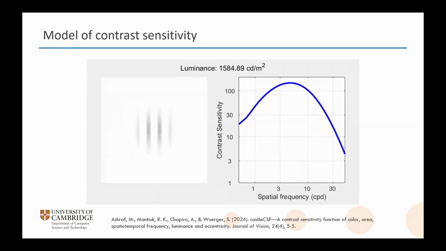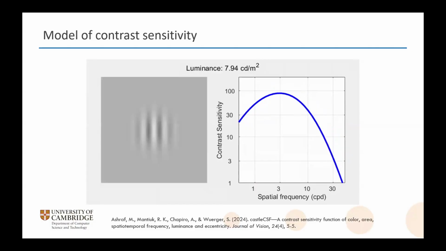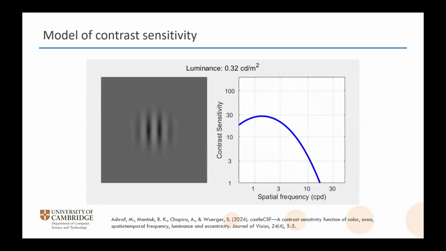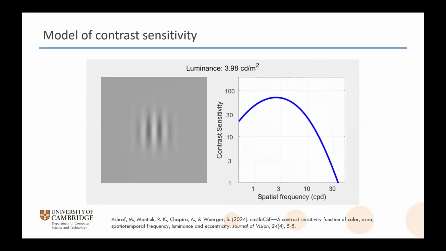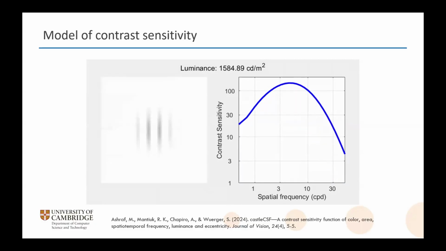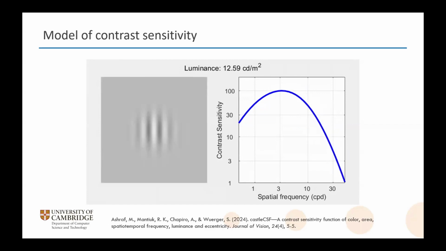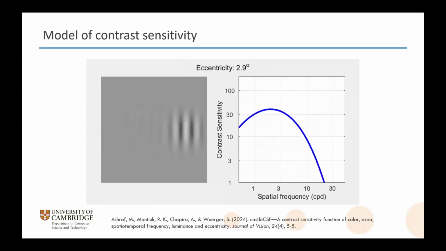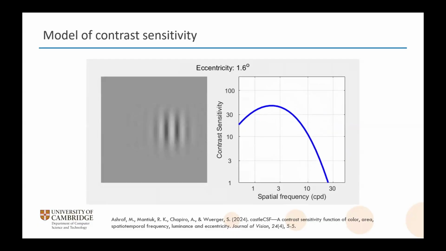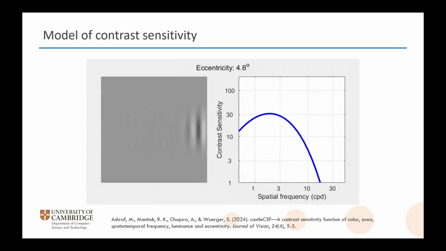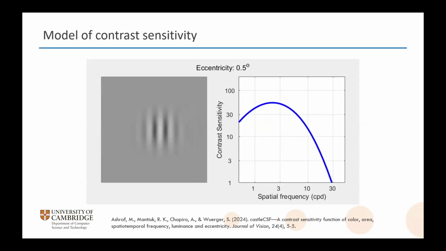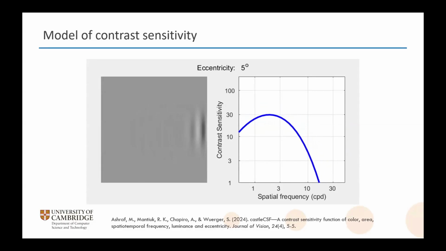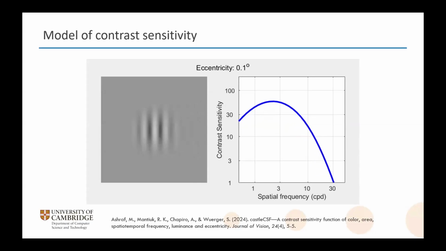So you will know exactly, if you change the light by 10%, how much the sensitivity will change. And you can do it for different spatial frequencies, like for text or for bigger objects, etc. So yes, this is an example of such a model. Another aspect of this model was that we measured, if the stimulus is in the center versus in the periphery, by what quantity the sensitivity will change.